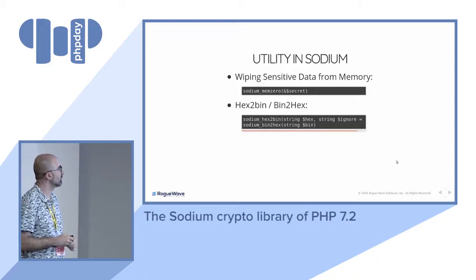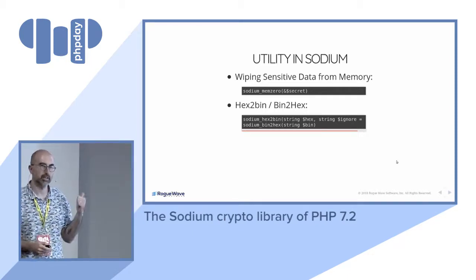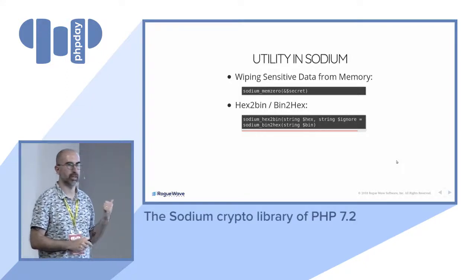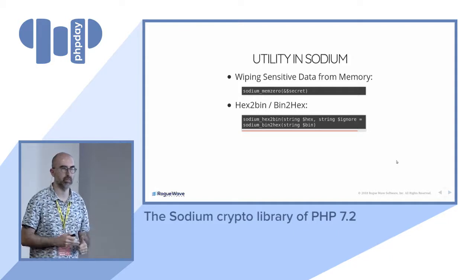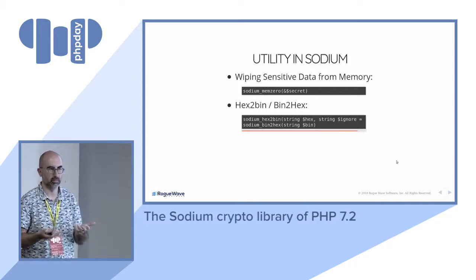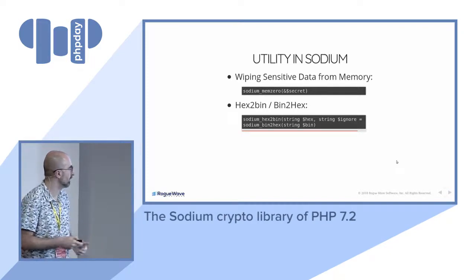It also provides some utilities if you need to convert hexadecimal to binary or binary to hexadecimal values. This implementation is designed to prevent timing attacks, because if you use the normal implementation of PHP, it's not guaranteed that timing attacks are prevented.